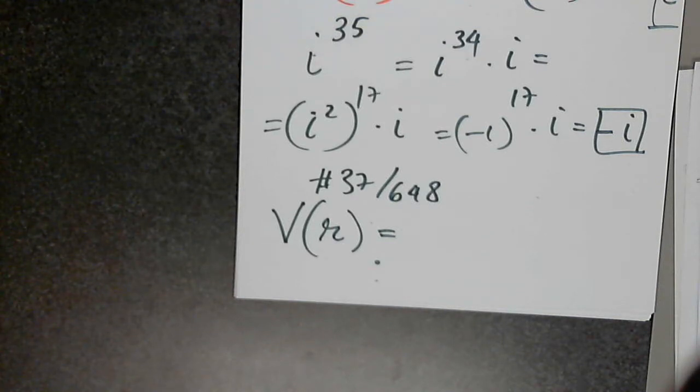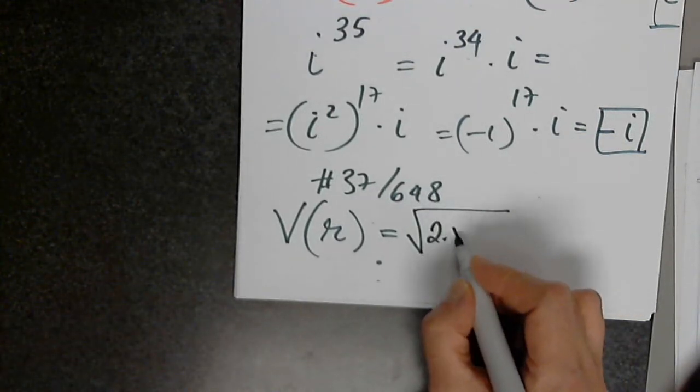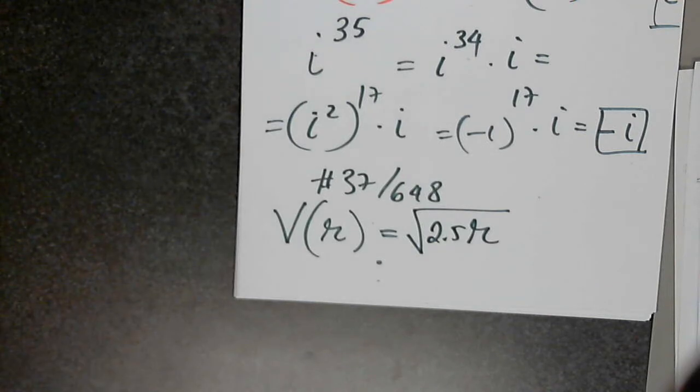The independent variable. Can you just name it? R. Can anyone name the dependent variable? V. Perfect. So the function is given as the square root of 2.5 r. Can be used to estimate the maximum safe velocity v in miles per hour.